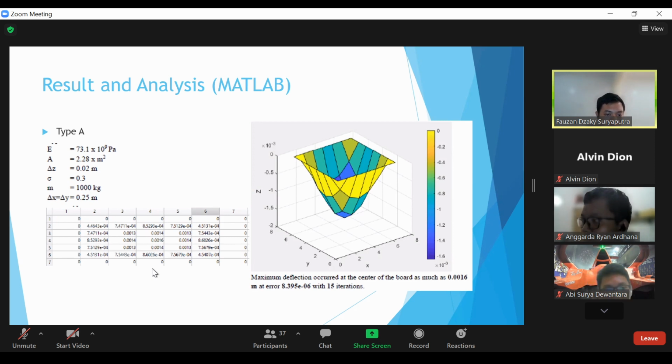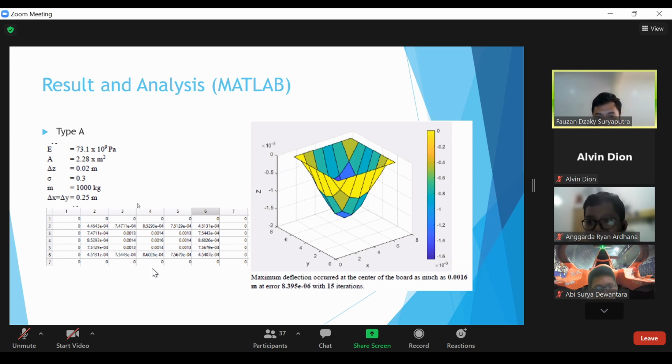As we can see, the edges of the plate are all zeros. There is no deflection there because those nodes are supported, so they don't move. And the maximum deflection is at the middle node because it is the least supported node of them.